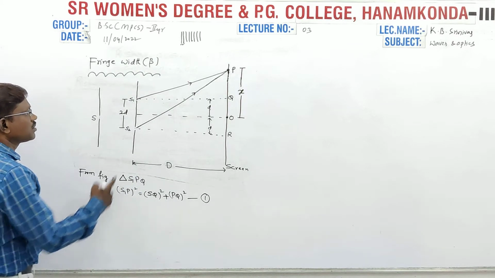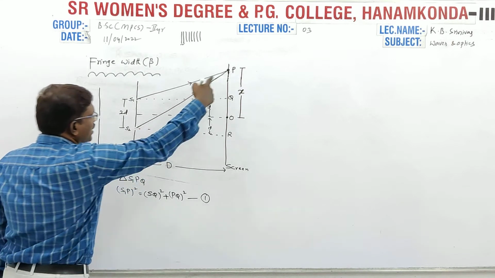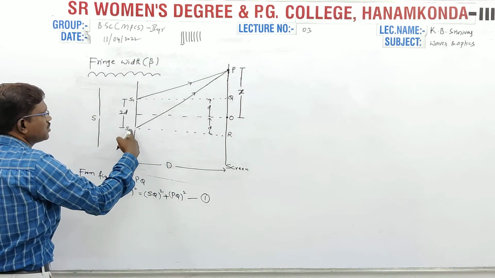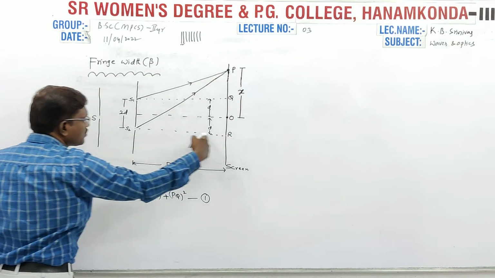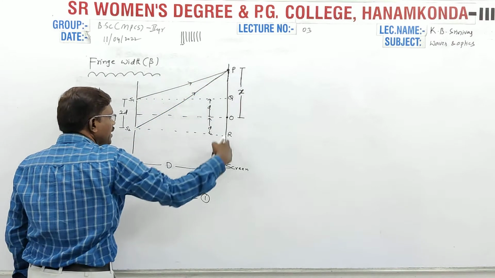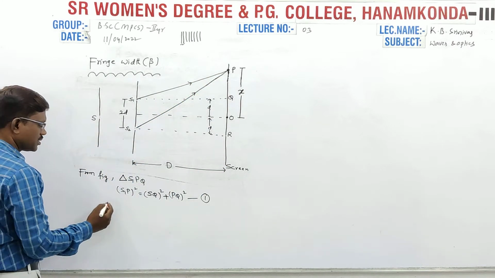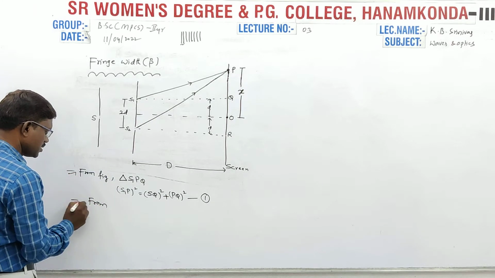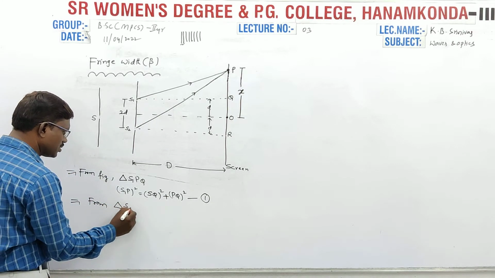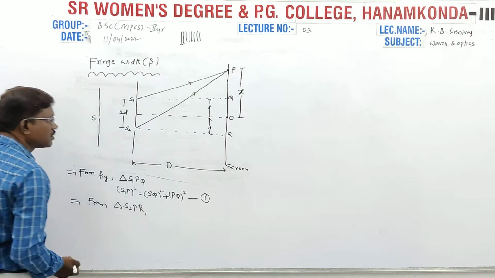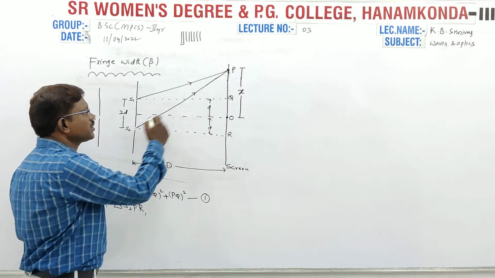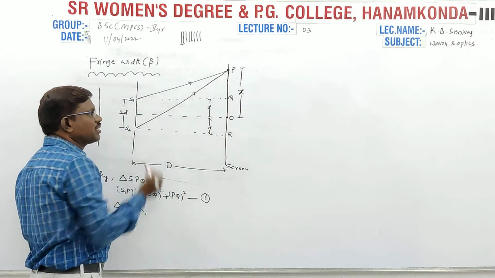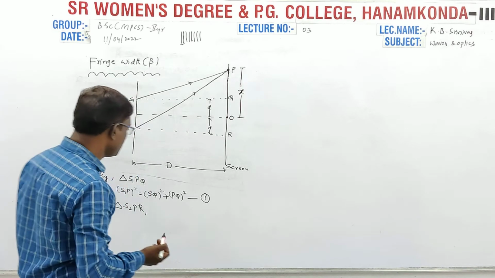Similarly, here I am considering the second right angled triangle, that is S2PR. This is also a right angled triangle. You can apply the Pythagoras theorem for this also.